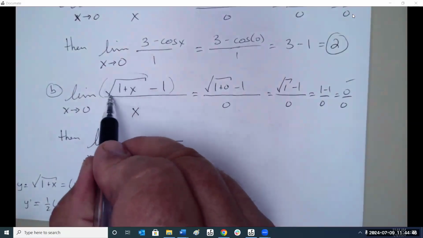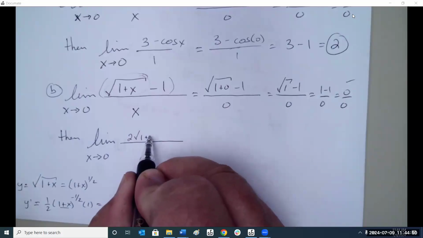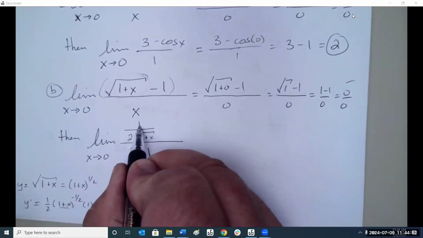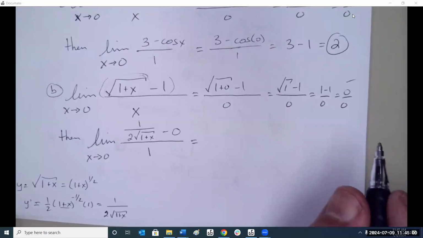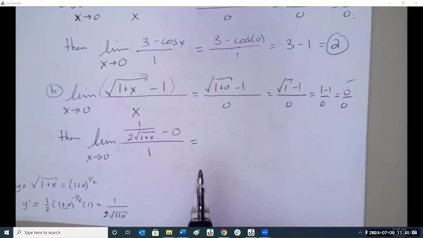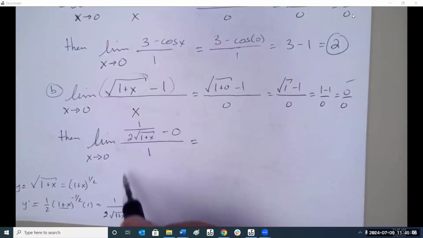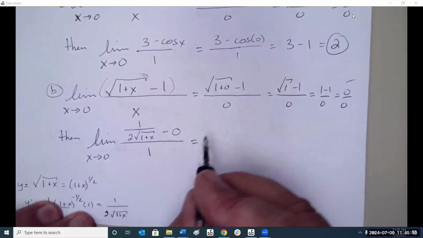You don't do the quotient rule, because it's the derivative of the top and the derivative of the bottom separately.